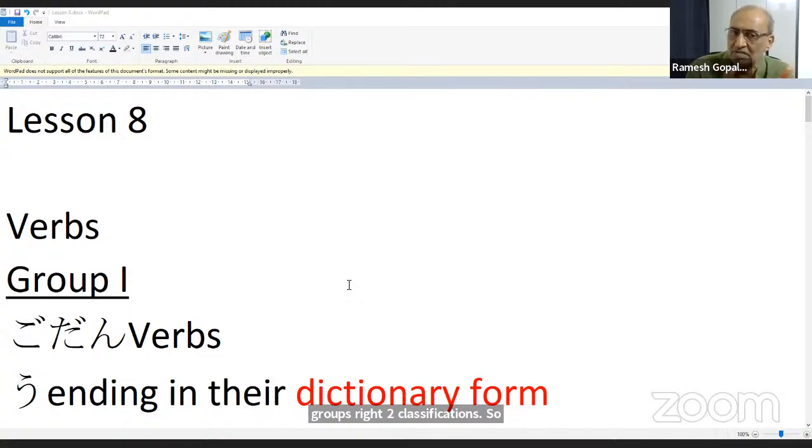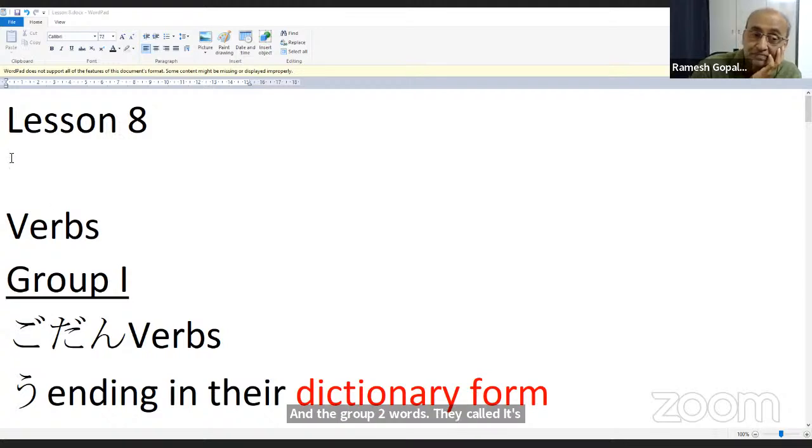The group which they term as group 1, Japanese books of grammar call them Godan verbs. And the group 2 verbs are called Ichidan verbs.